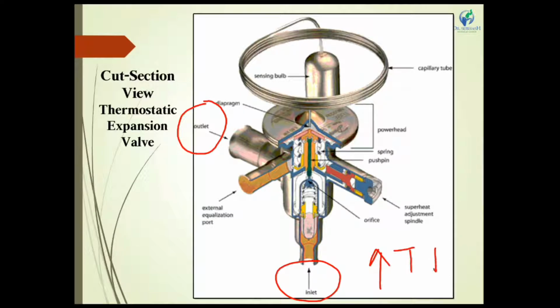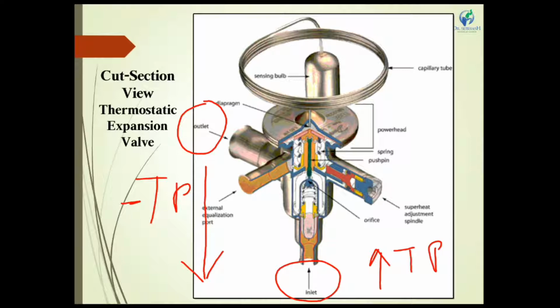Temperature and pressure are higher at the inlet. After the throttling process, at the outlet of the thermostatic valve, the temperature and pressure go down completely to a negative temperature. This is one type of throttling process.